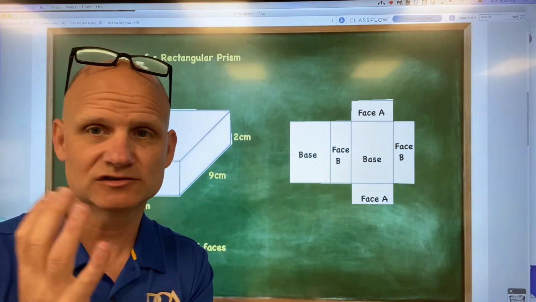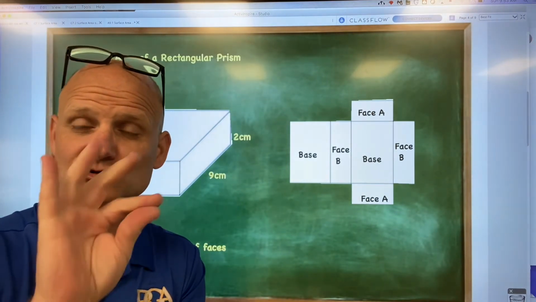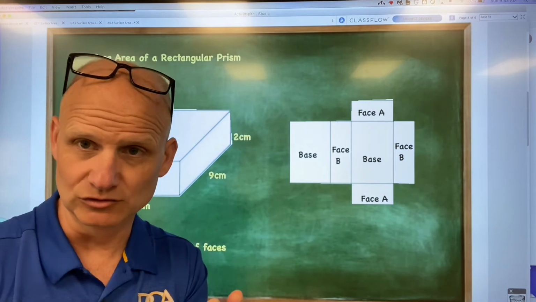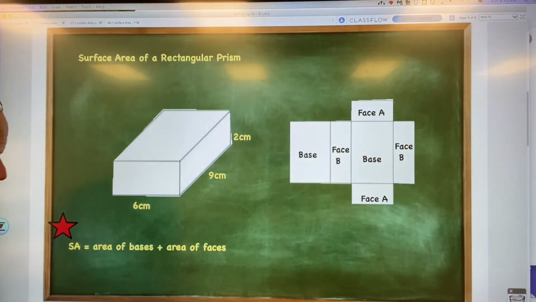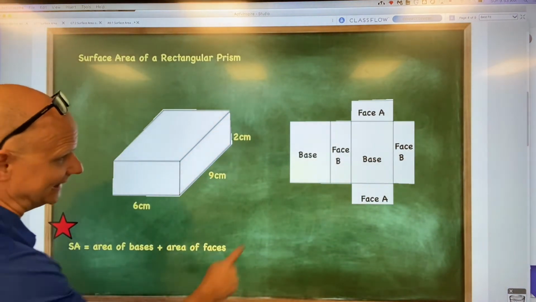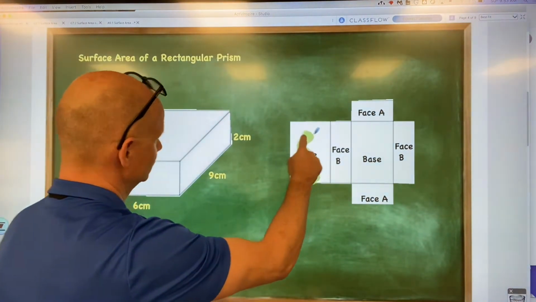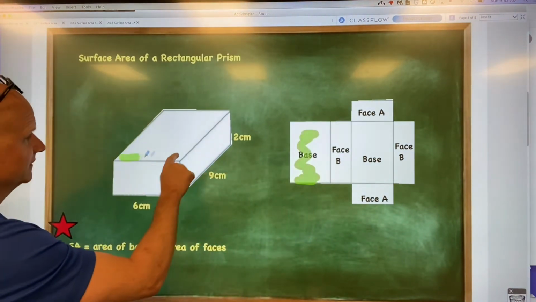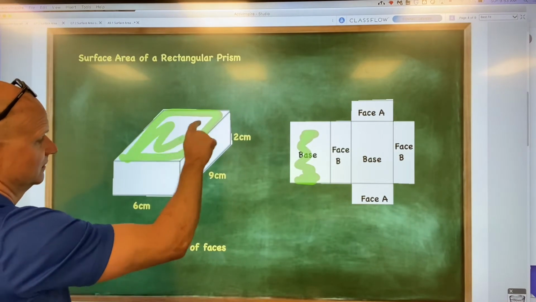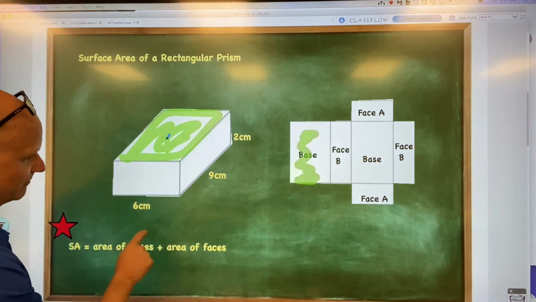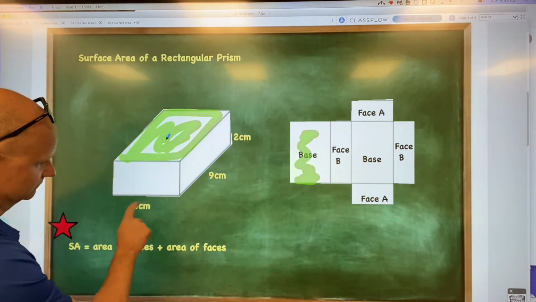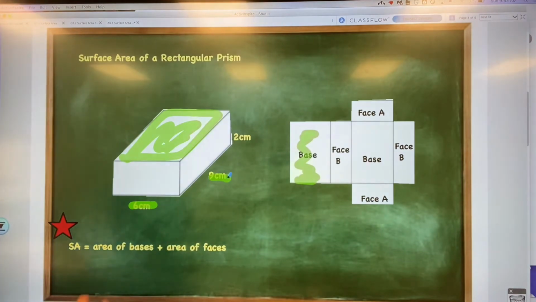So what you need to do is find the area of each one and multiply by 2. Here, you can see the base would be this shape right here, and that base would be your 6 by 9. See that? That's your 6 by 9.